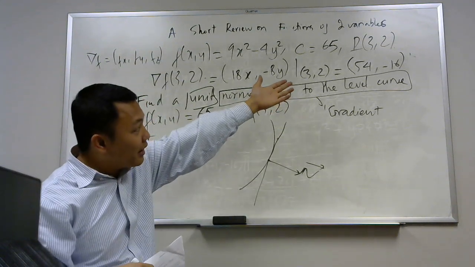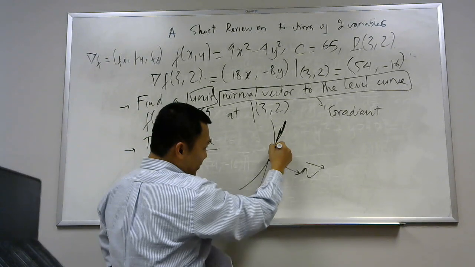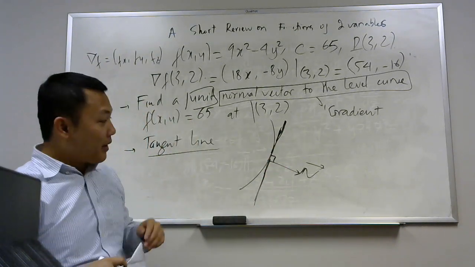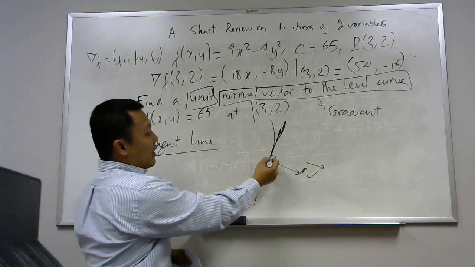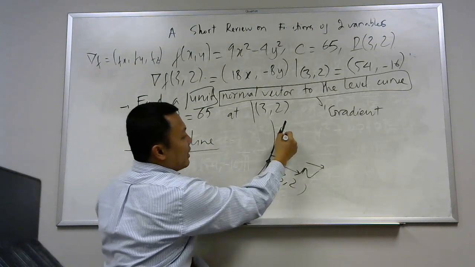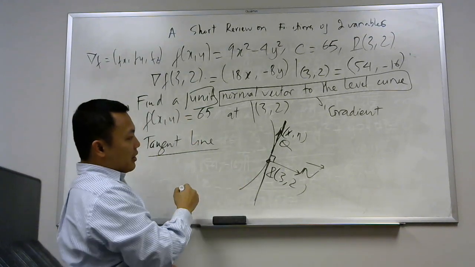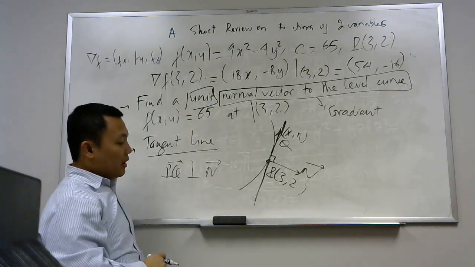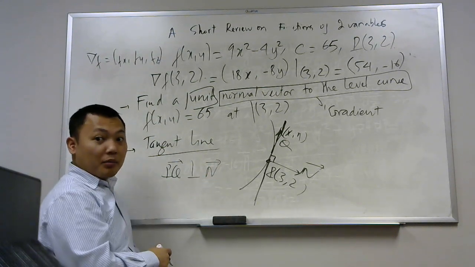So how to find the tangent line? You have different ways to do that. One of the ways is this: here's P, which is (3, 2). If you pick any point here, (x, y), for example, that is Q. So PQ is orthogonal to n. Since these two vectors are orthogonal, the dot product is 0.